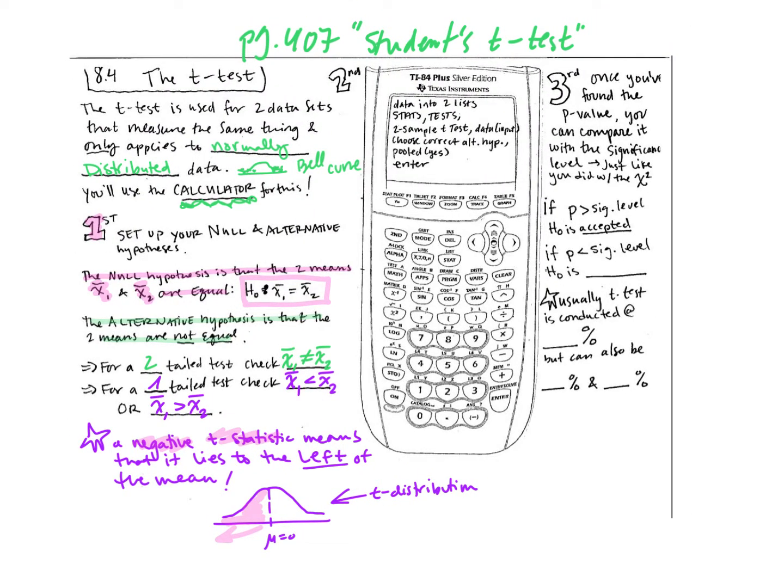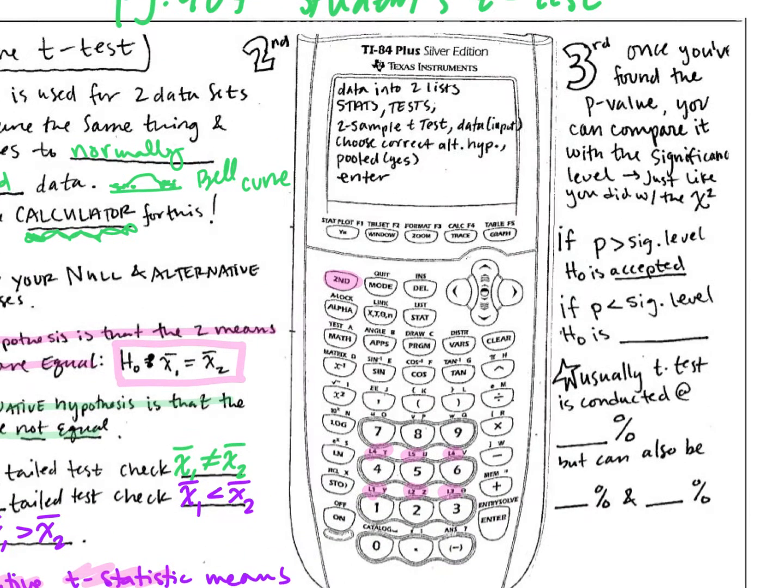Okay. So I did a little calculator thing for you. You're always going to be in your second, and you have your list. So we're going to use list for this statistic. You want to put your data into two lists. It's under test, so you go to your stat, and it's the two sample t-test.